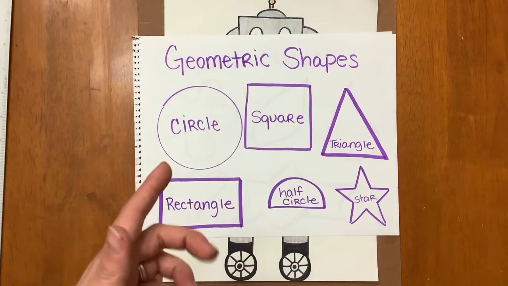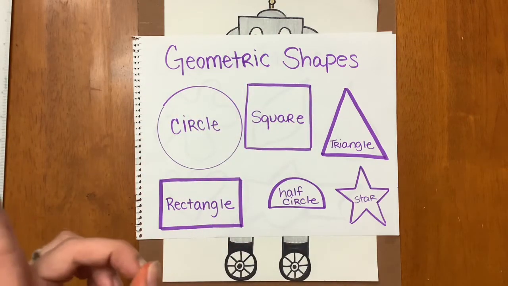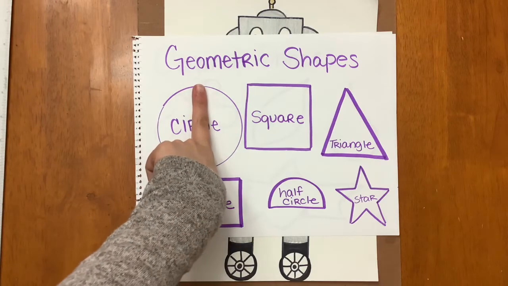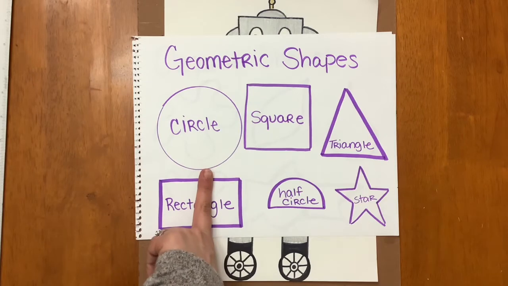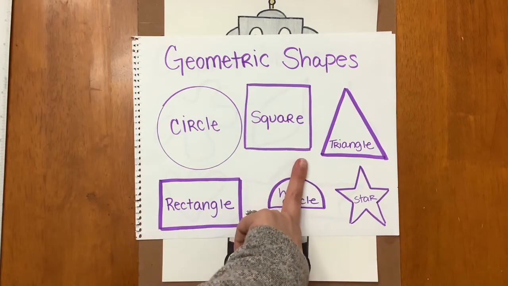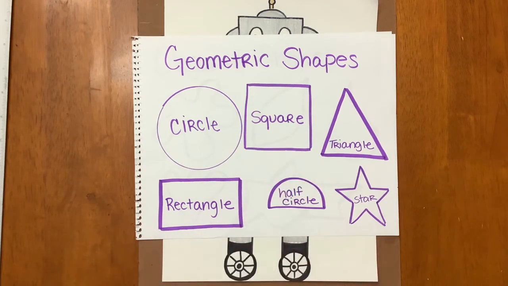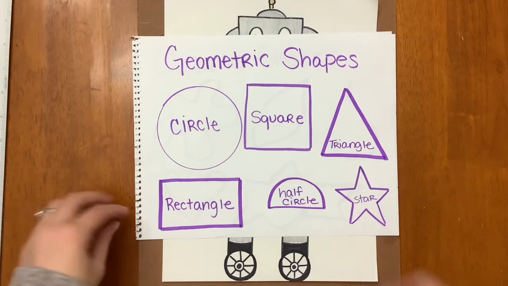If I were to cut these shapes in half, they're going to be the same on each side. So if I split my circle in half, it's going to be the same on each. Same thing with my rectangle or my half circle. They're going to be the same on each side. So these are shapes that we're not going to find in nature. These are shapes that man makes.